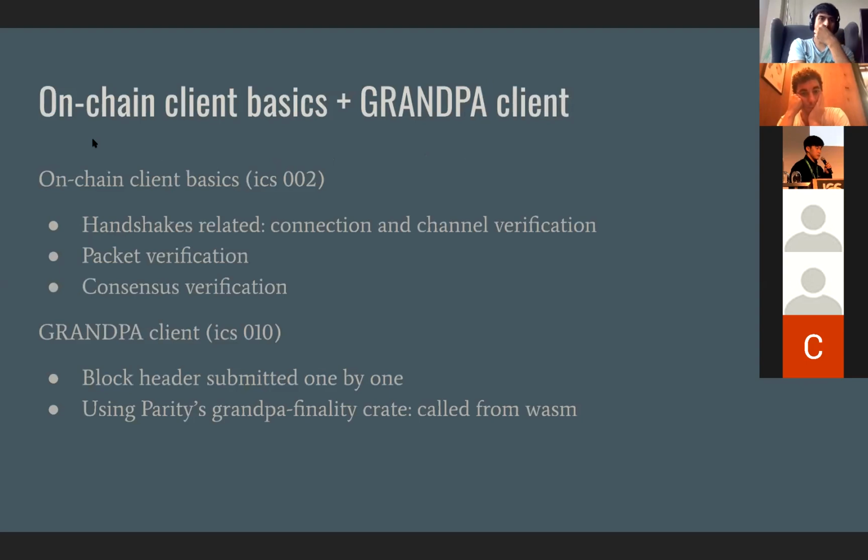It's ICS 02, and here there are some handshake related things done, like connection and channel verification, and also packet verification and consensus verification. This is the backbone for an abstract client, and the backbone for the implementation.